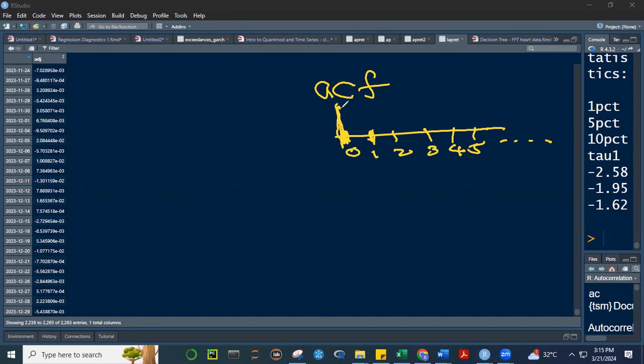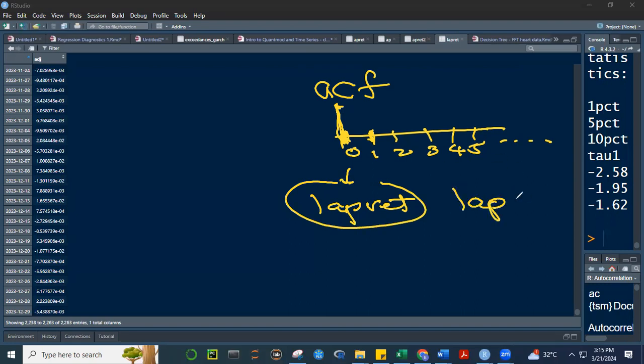The regular time series, which is LAP-RET, what's the correlation between LAP-RET at time t and LAP-RET at t minus 1? So this is time t, this is lag 1.